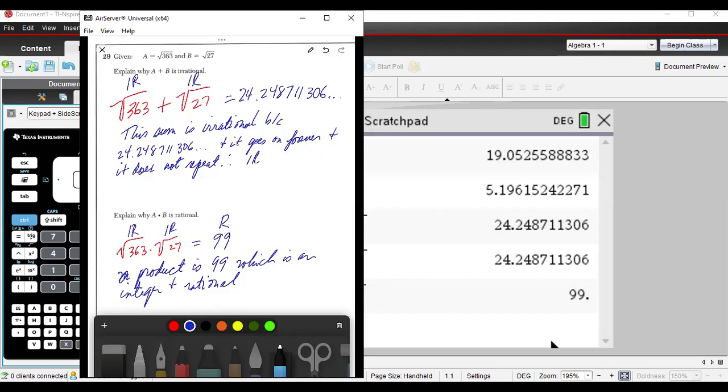Now, I am going to provide a link to a video where I go through more of the rules for adding rationals, multiplying rationals, adding rationals and irrationals, and multiplying irrationals and rationals, so that you can see what the actual rules are.